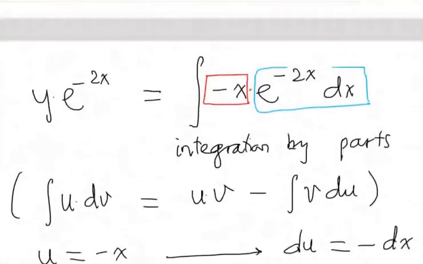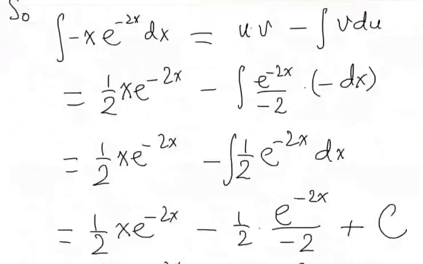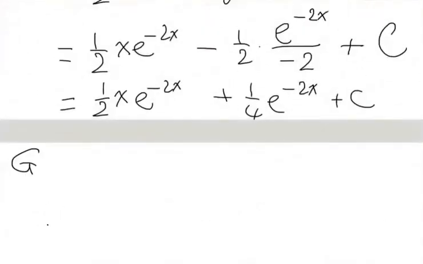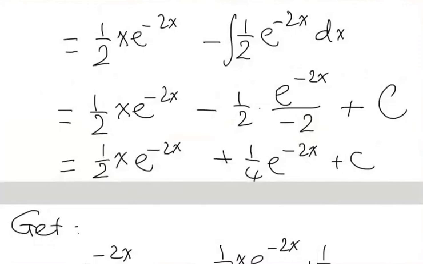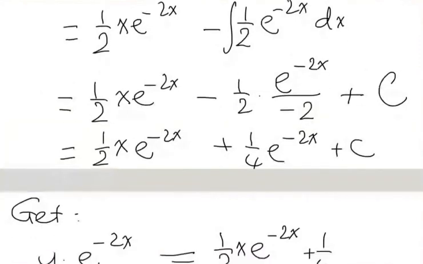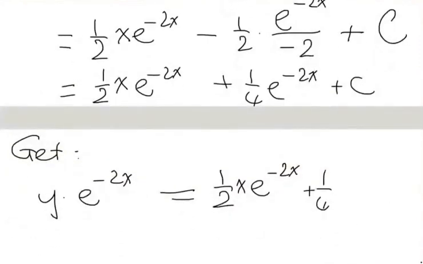But how do we put it back into the equation? Right here, we have y e to the minus 2x equal to the integral, and we have found the integral below. So let's rewrite it. We get y e to the minus 2x equal to a half x e to the minus 2x plus a quarter e to the minus 2x plus c.